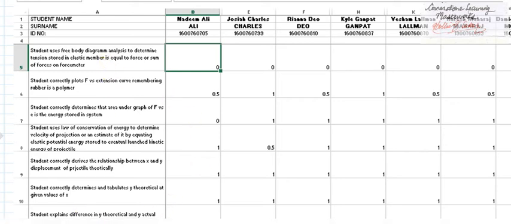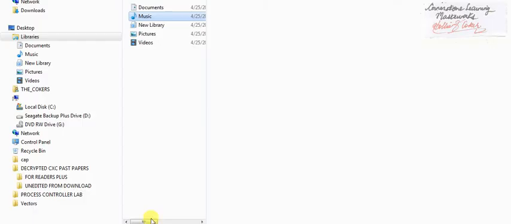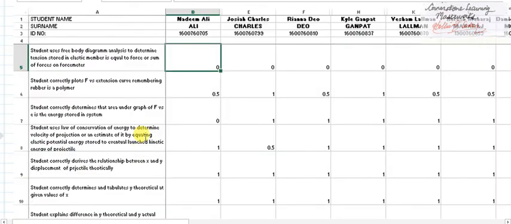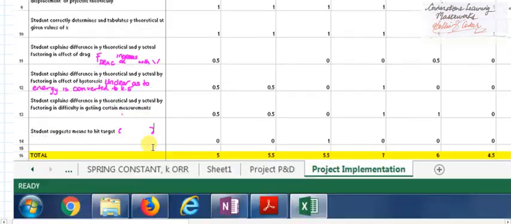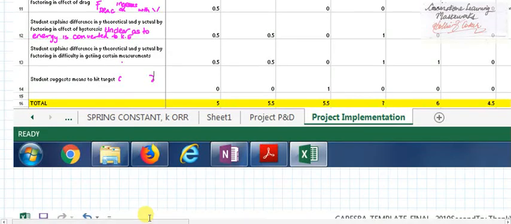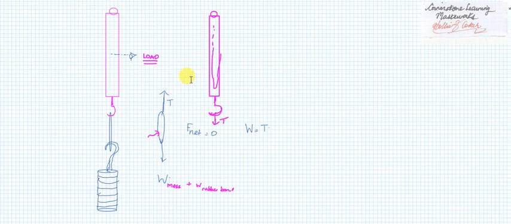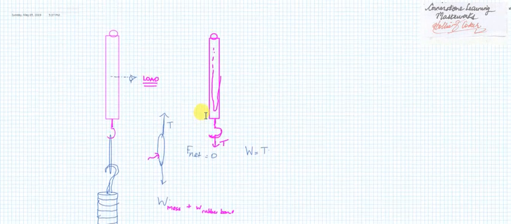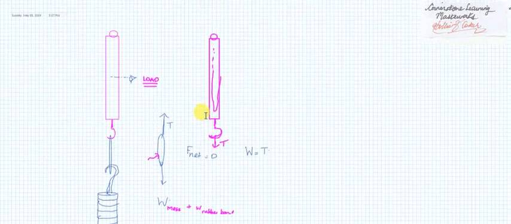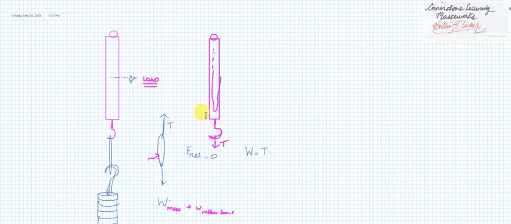Right? Now, having said that much, let me just do one more thing. With your diagram, you have to draw this thing suspended on some kind of system, I suppose. Right? So, I'd like to believe that you'll have some kind of retort stand.